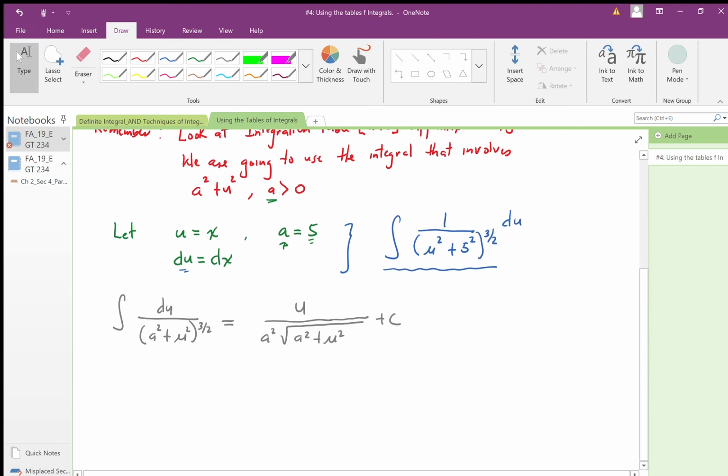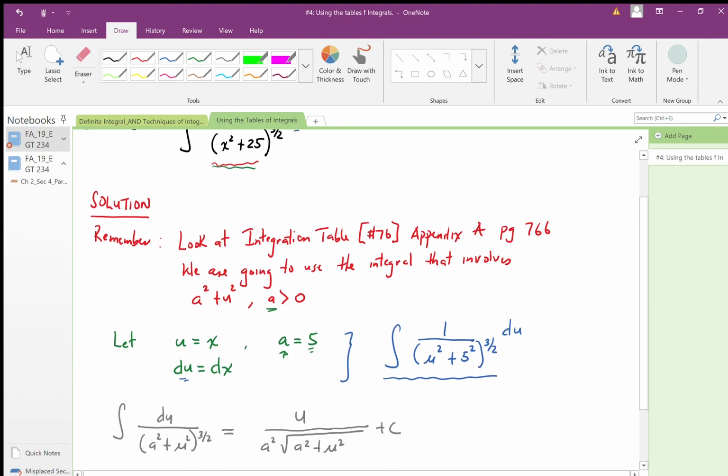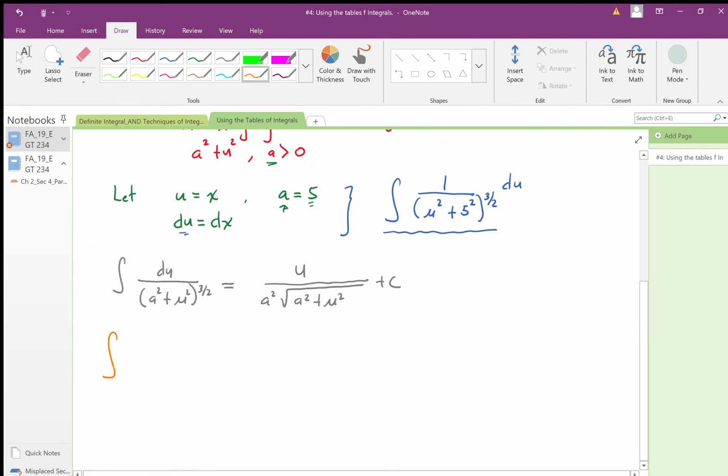So we can now go and substitute, right? And now say that the integral of 1 over x squared plus 25, raised to 3 over 2, equals, what is our u? Our u happens to be x. What is our a? Our a is 5, so a squared is 25.